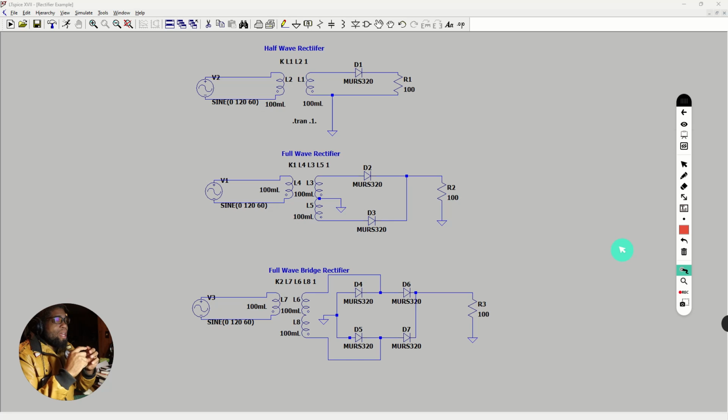Here I have a manifest of the schematics that represent the basic forms of a diode rectifier that we saw in the video and in the book. I have this in LTspice. Again, as I said in my last video, LTspice is a circuit simulator. If you're unfamiliar with it, we'll talk about it more and more. It's probably my favorite circuit simulator.